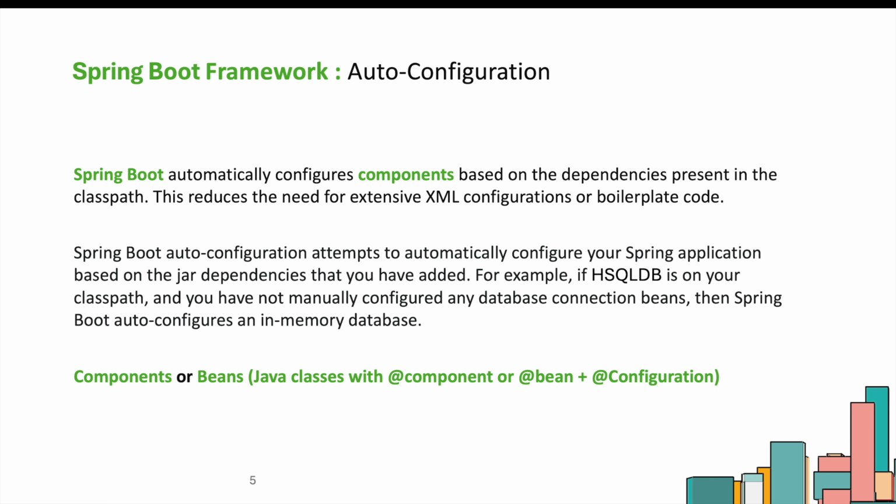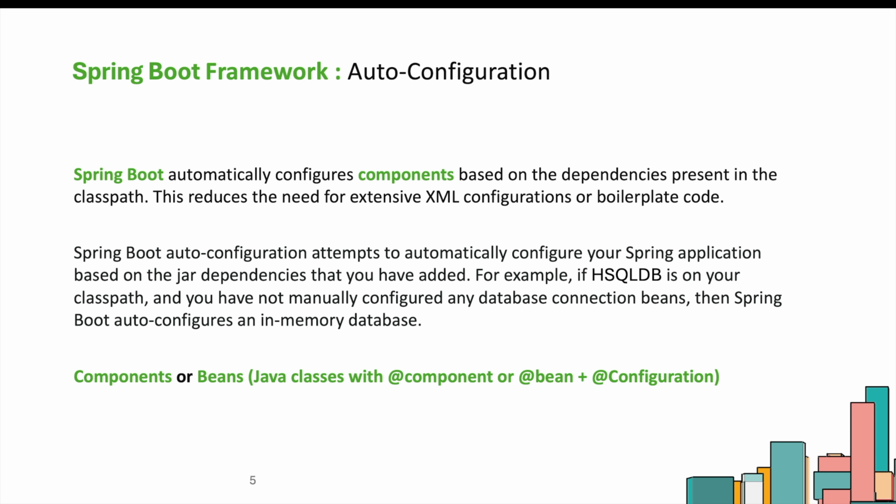Or when you add any jars as a starter to the project, Spring automatically creates objects for the classes and makes them available in the Spring container. We are not going to create objects manually. Spring automatically finds those components, creates objects, and makes them ready for us. Automatically it does everything. That's called auto configuration.